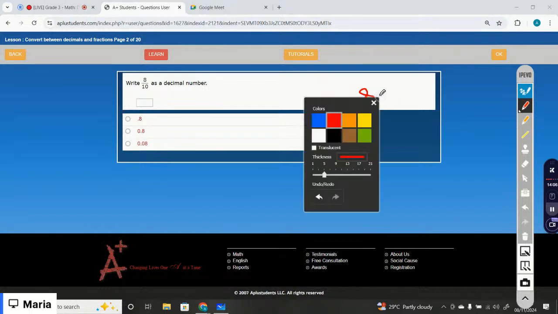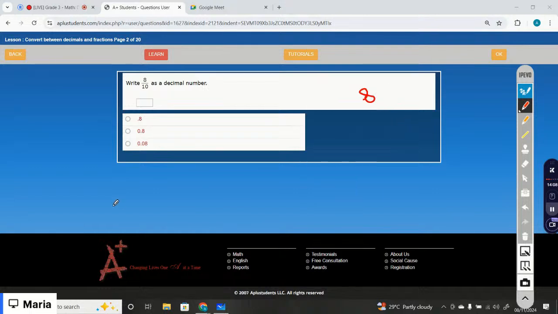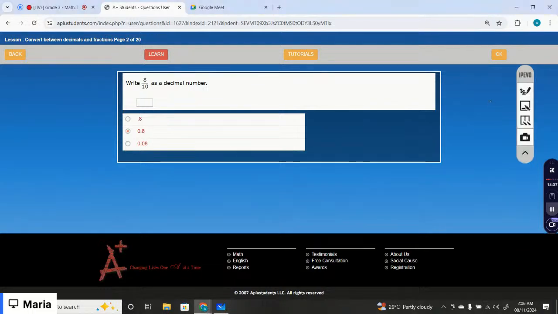So you need to move the decimal point one place left. So it would be 0.8. The correct option is option number 2, not option number 3. That is not dividing by 100, that is dividing by 10. So you need to move the decimal point one place left. That would be 0.8. Option number 2 is the correct option.